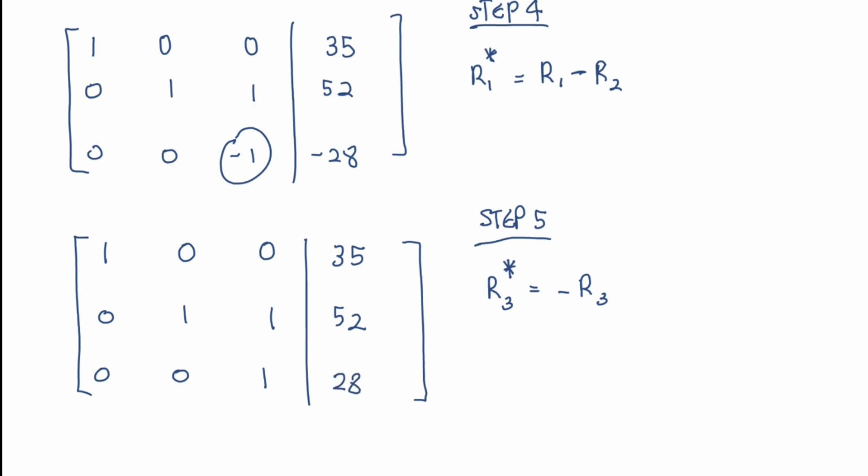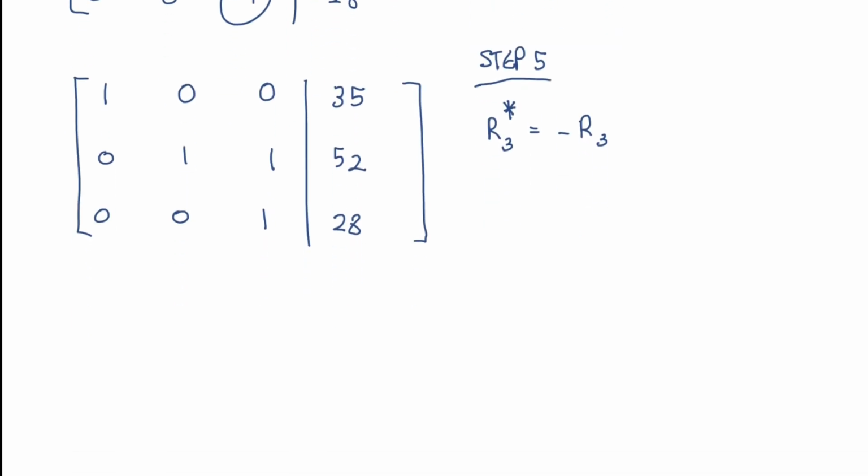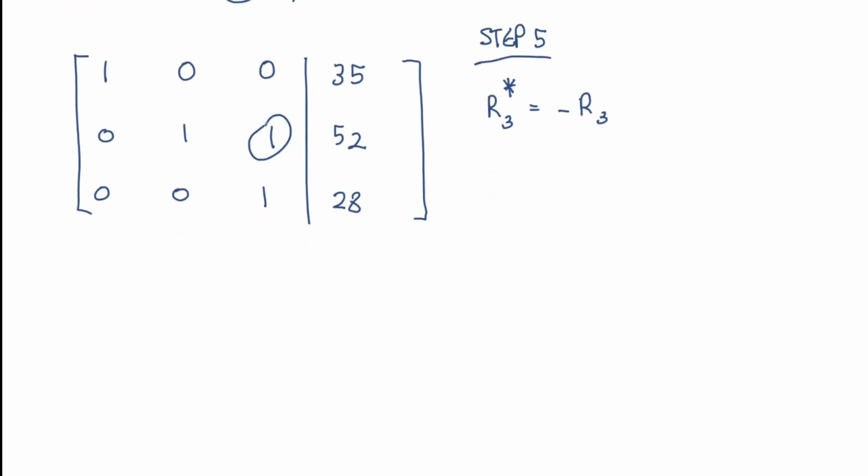The final step, step 6, is where you want to obtain the elements above the leading diagonal into 0. Since row 1 is already 0, you just work on row 2. So last step, the new row 2 is equal to the original row 2 minus row 3.